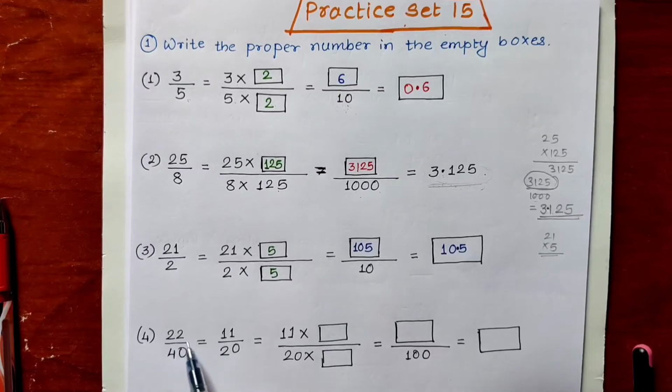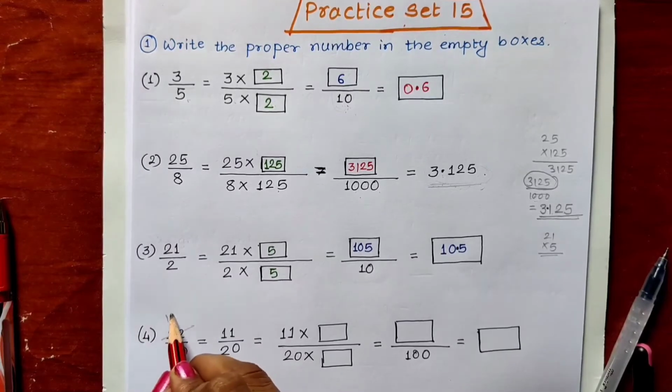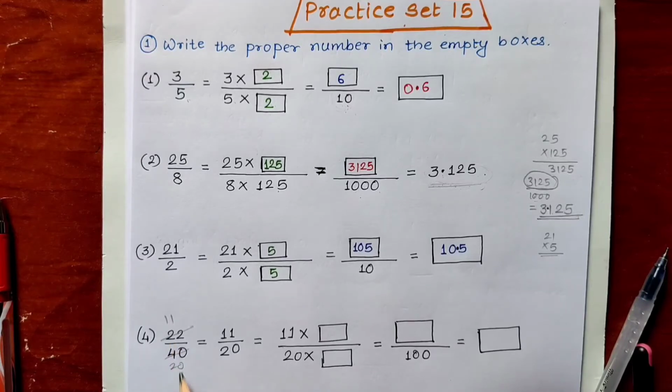If you want, you can see here how 22 upon 40 is reduced to 11 upon 20. When we divide or cancel 22 and 40 by 2, we will get 11 upon 20. 2 ones are 2, 2 ones are 2, we get 11. 2 2s are 4, 2 zeros are 0, we get 11 upon 20. In this way 11 upon 20 has come.